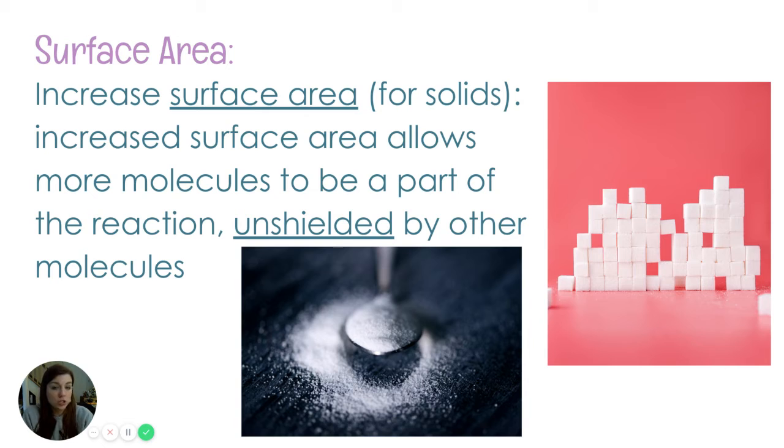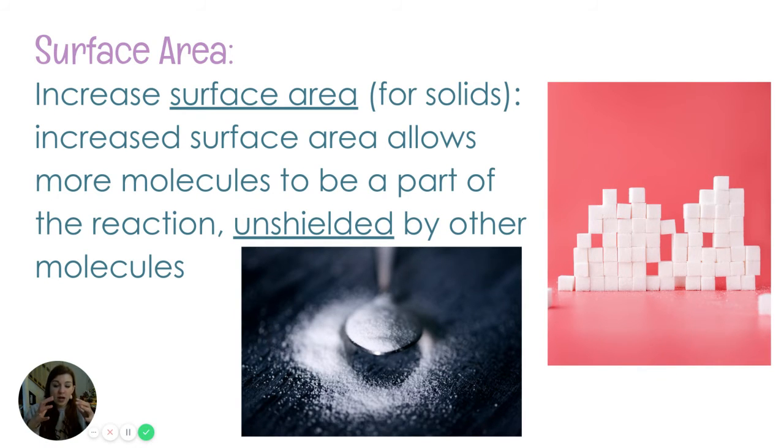Where the sugar cube, because you have layers and layers of sugar, only the outside layer is touching the water. The inside layers are shielded. So it means that if you were watching very carefully, you probably noticed that the sugar cube was sort of dissolving in layers. That's because just the outside was able to dissolve. So it's the same thing if we're trying to force a reaction to happen.